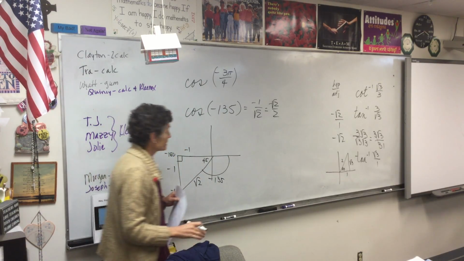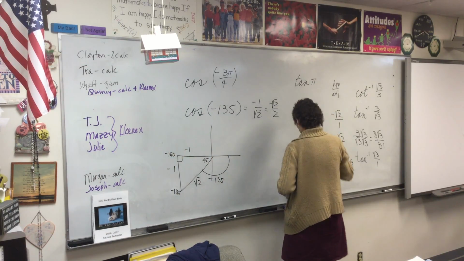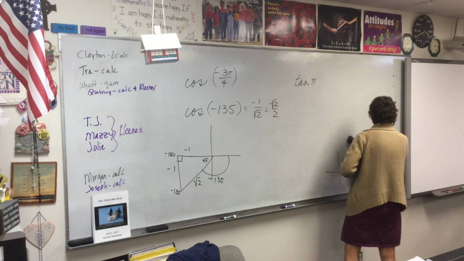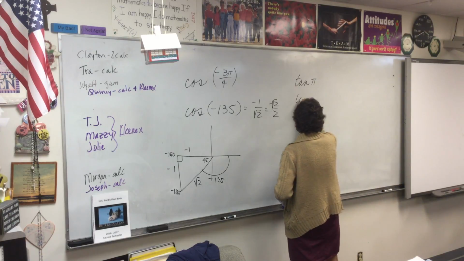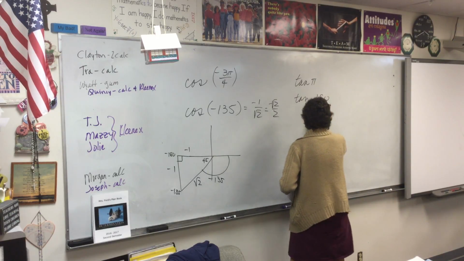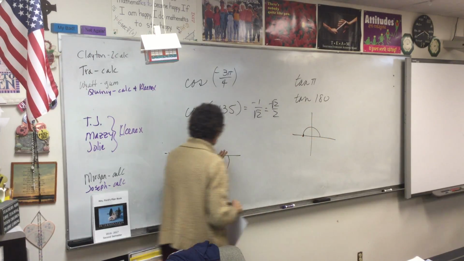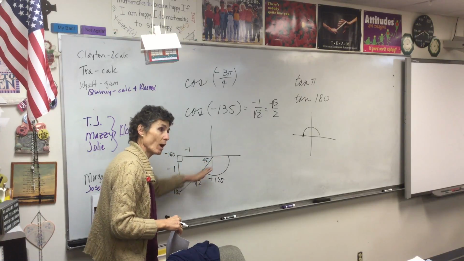Right? Tangent pi. Now this one's a little bit different because what's pi? 180. And what happens when we draw 180? We do not get this angle sticking out in the quadrant.